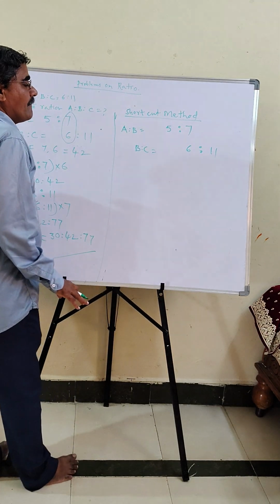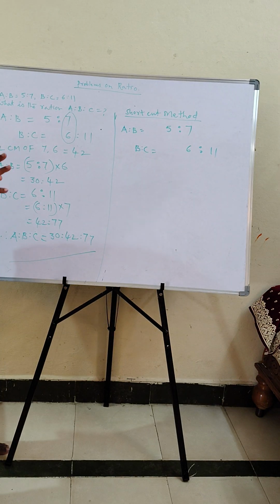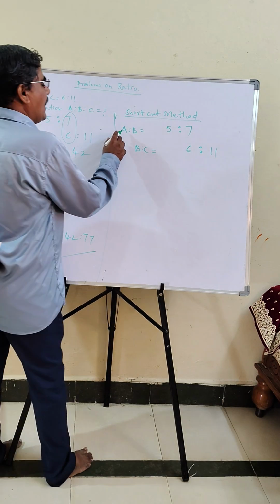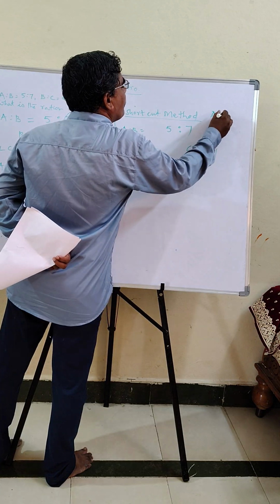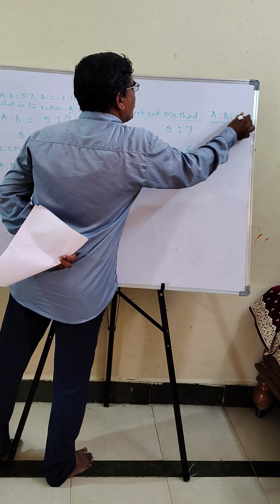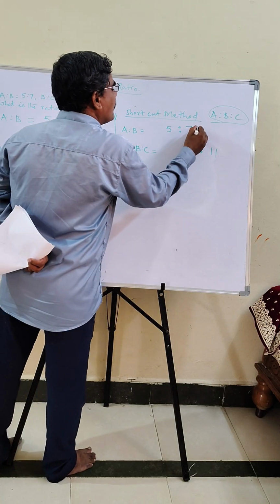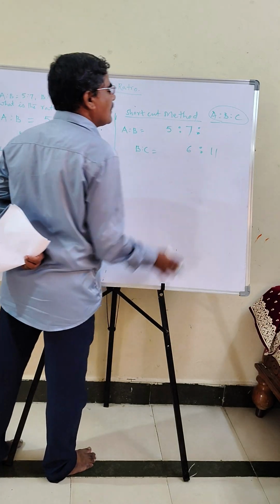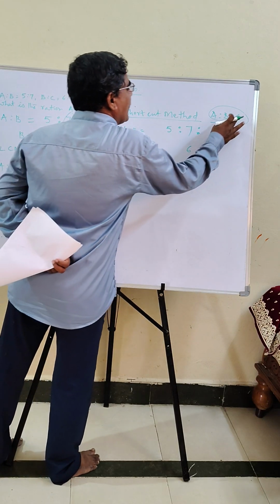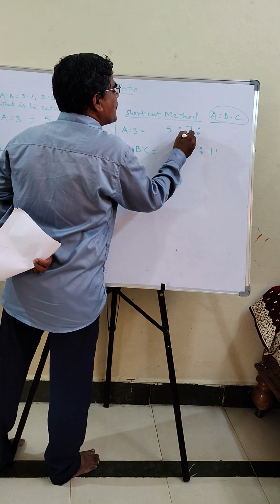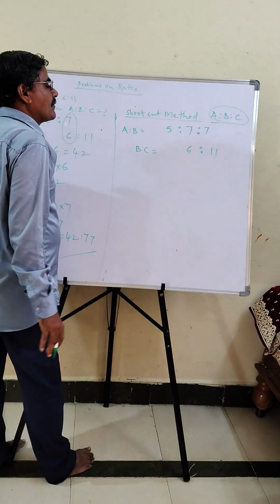Here we want to find out 3 factors, A is to B is to C. Here A is to B only, there is no C. That's why in place of C we put the same number, that is 7.